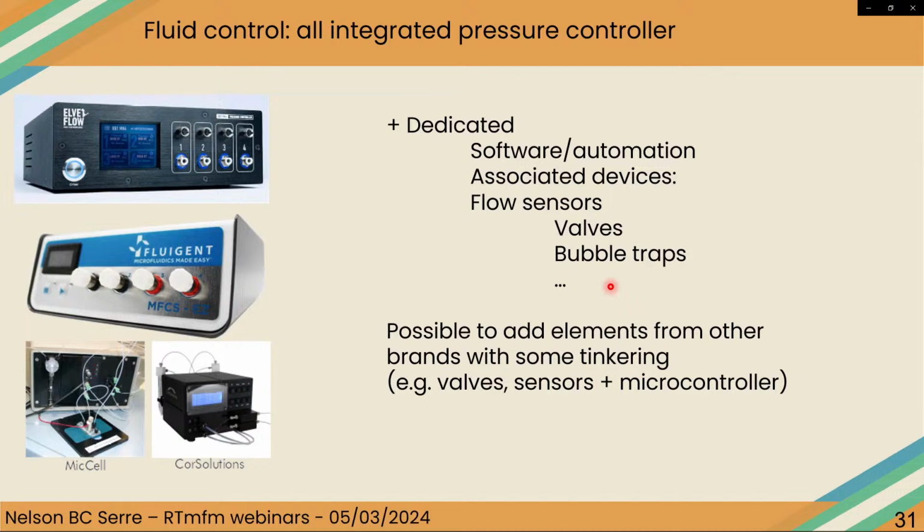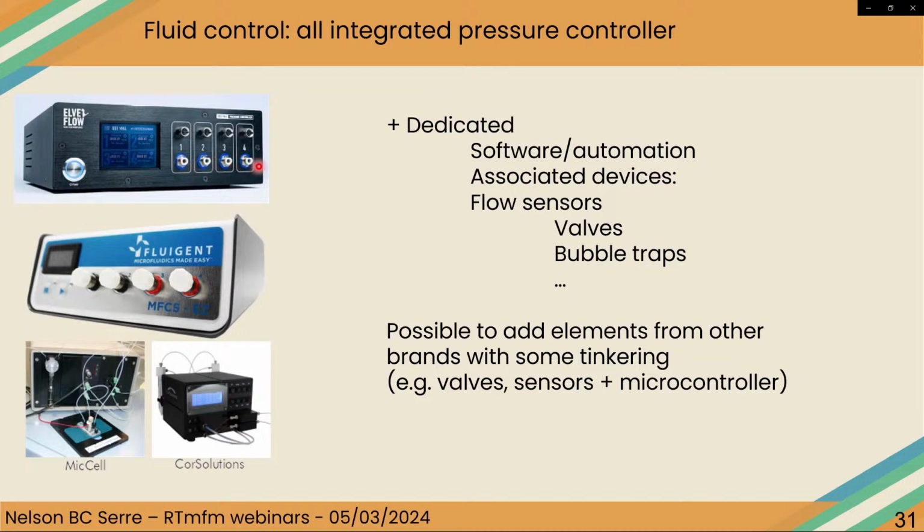And then you can find fully commercial designs based on these pressure controllers. In Europe, the two competitors are Elveflow and Fluigent. They both have more or less the same products.